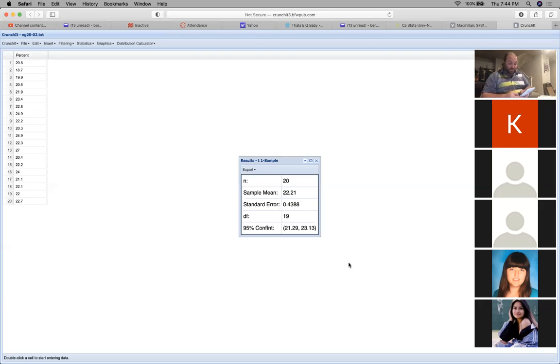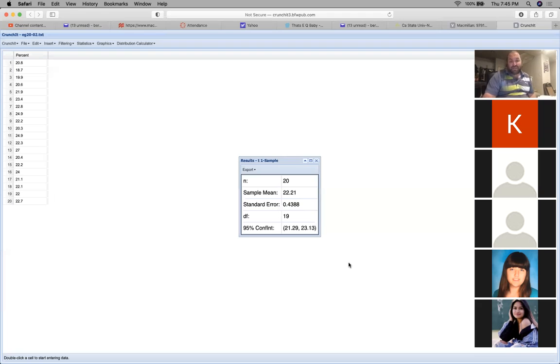If I take 0.4388 and I multiply it by the square root of 20, I get 1.96 and a bunch of other numbers. We see that I do get the same value that I had before. Okay, so it doesn't give you immediately the standard deviation, but it allows you to find it.